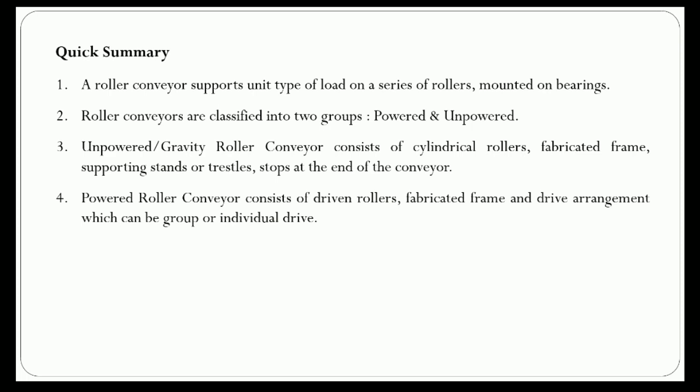In the powered roller conveyor, it also consists of rollers, but these rollers are quite different from the unpowered rollers. The rollers are driven by a running mechanism, which is why they are known as driven rollers.